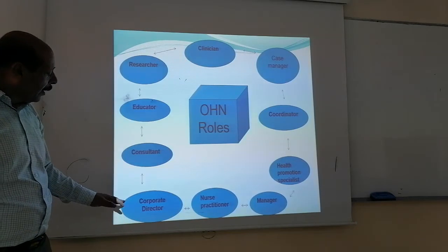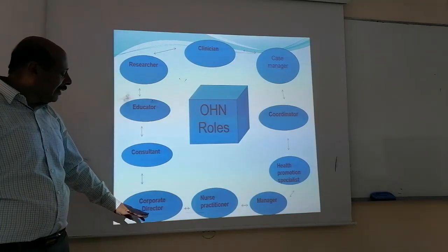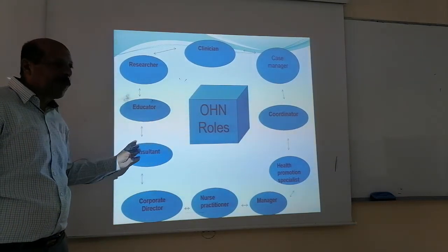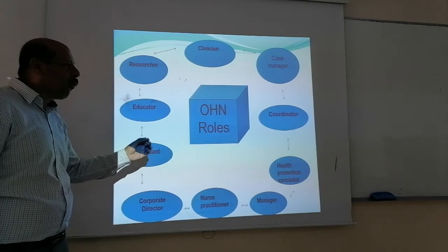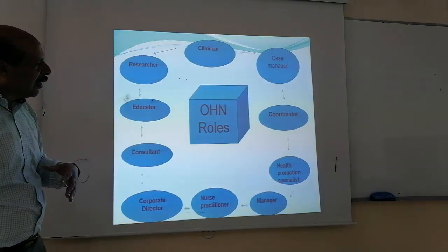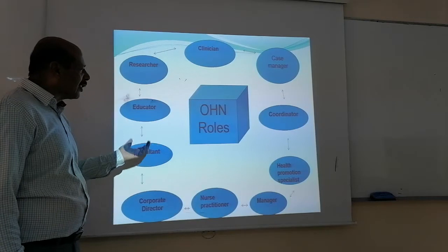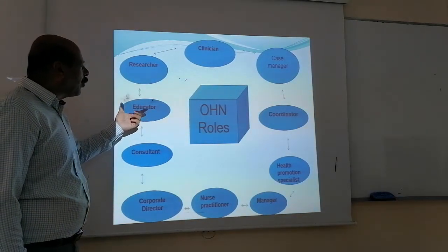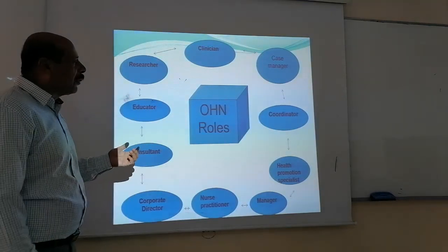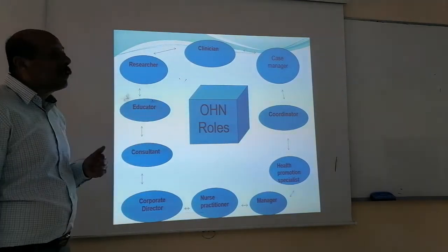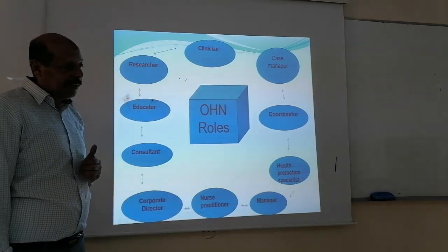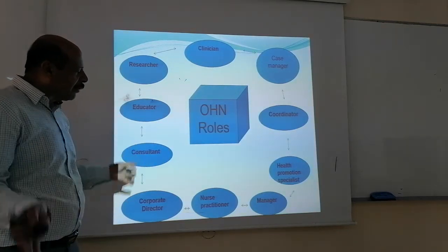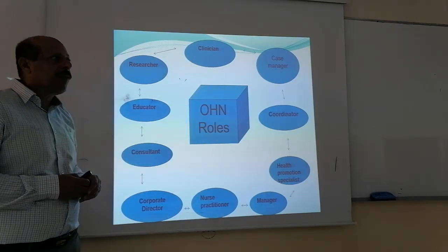Also corporate director, and she has to be a consultant, because she will be consulted by the worker, by the administration, and by others. Then she should be an educator for them, give health education and preventive measures, and she should be a researcher. So all of those concepts and roles she has to be familiar with.